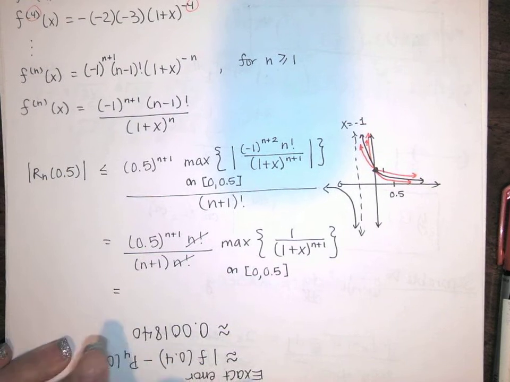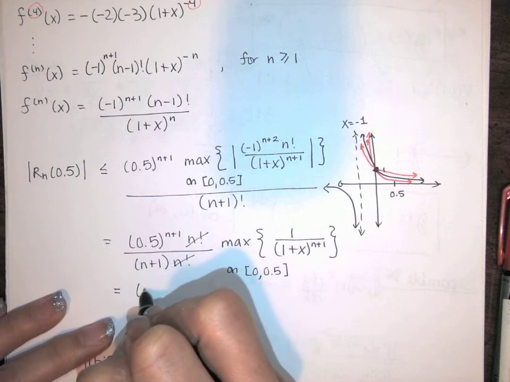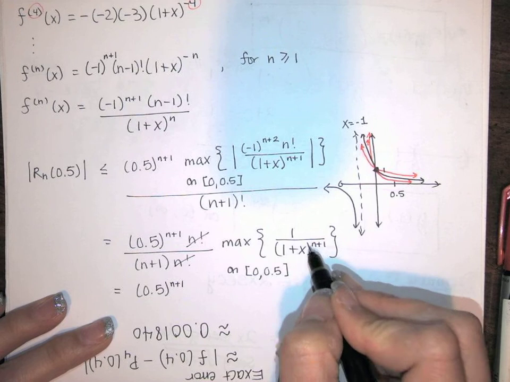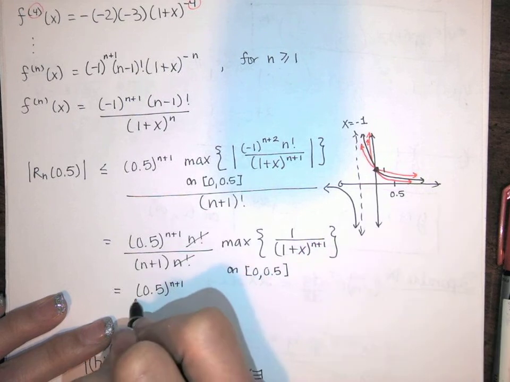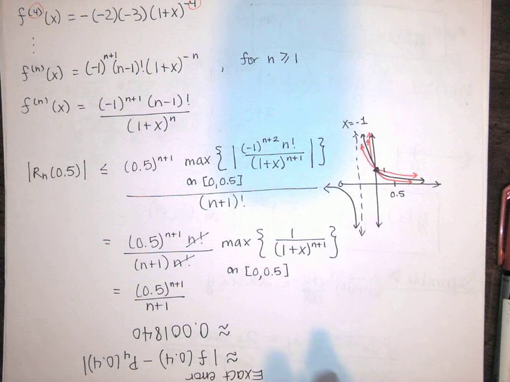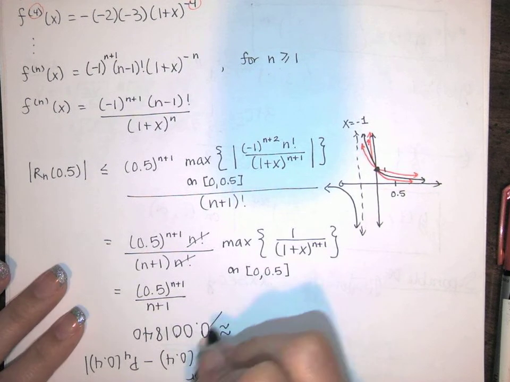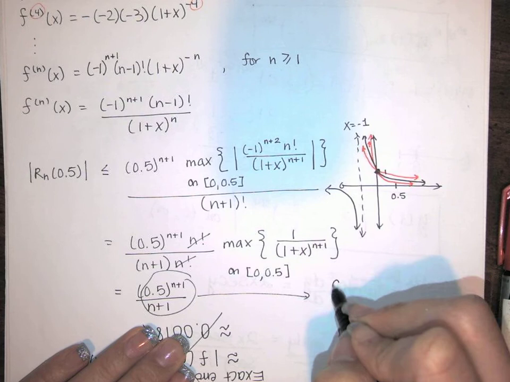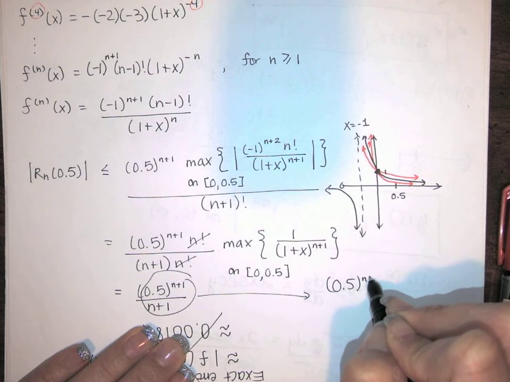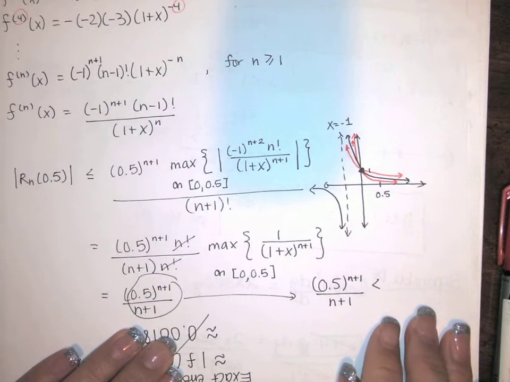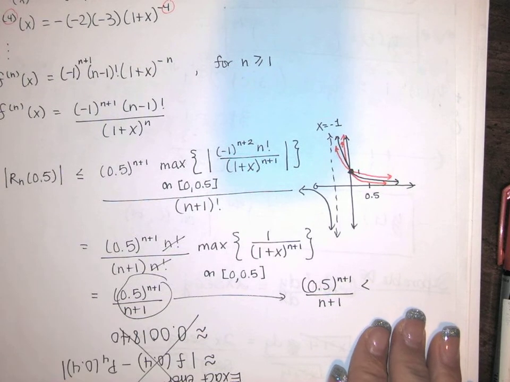So this error is bounded by this. We've got 0.5 to the n plus 1, and then the maximum of that is 1 divided by n plus 1. And I need that expression to be less than, let's see, what did they ask us to do?